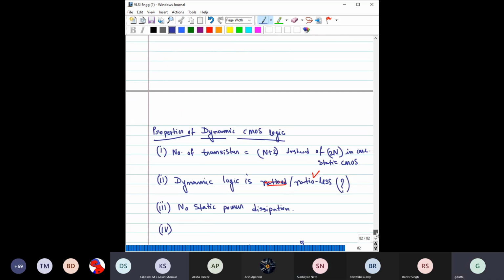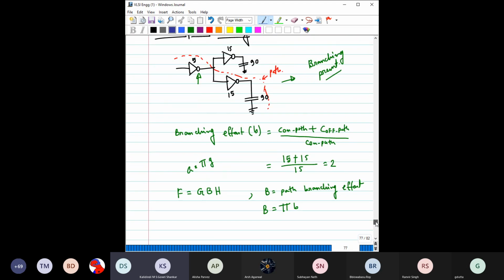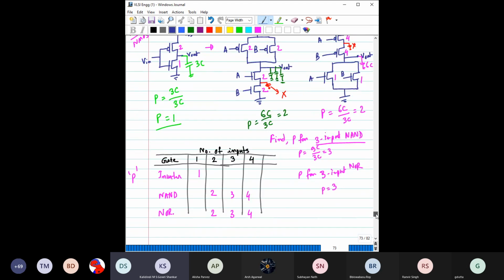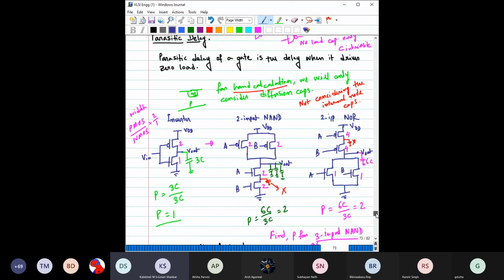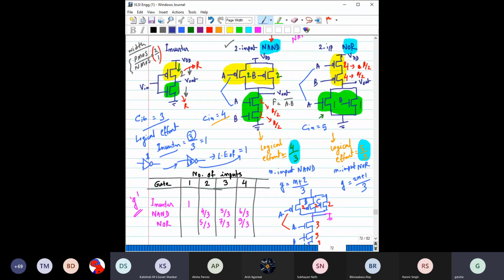Okay, so let's go back to what we had previously. Yeah, this one, right? So this is the NOR gate, and this is the pull down network.